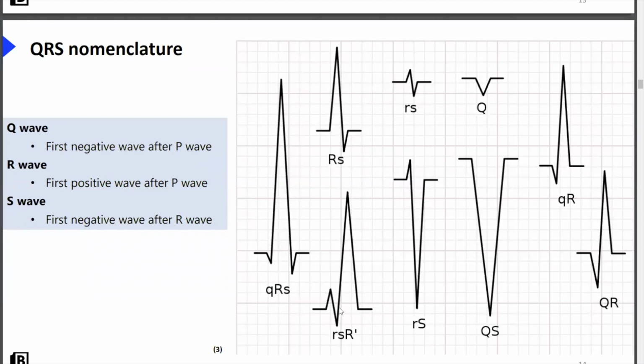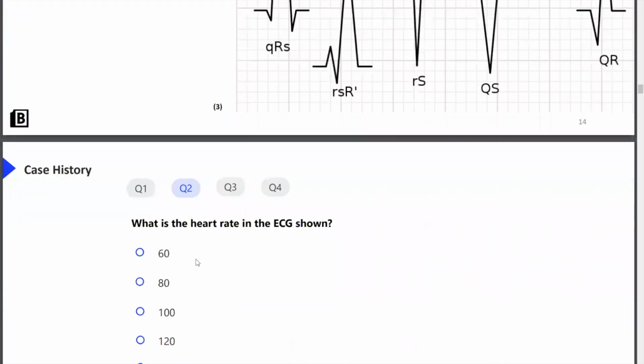So small r for this small R wave, small s for this small S wave, and big R dash for this second big R wave. So all I want to say here, you don't need to know this inside out, but just realize there are different patterns of a QRS complex.